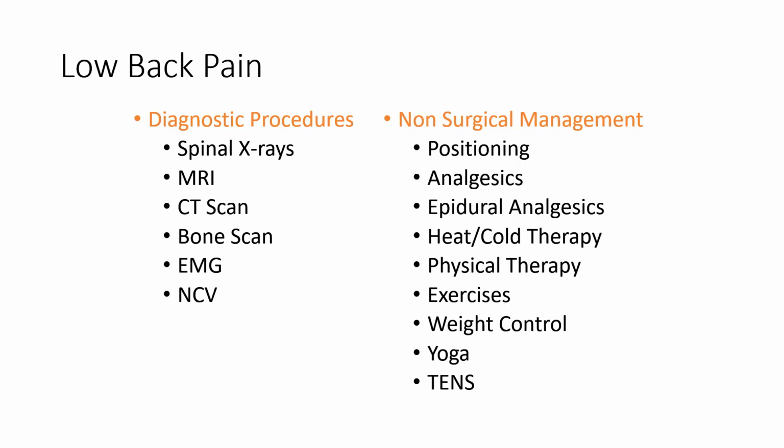Some of the diagnostic procedures you could expect would be spinal x-rays, just gold standard x-rays. Patient then may have an MRI or CT scan to see if there is disc or cord involvement. They might have a bone scan to show if there are other issues. They might have electromyographies and nerve conduction velocity studies.